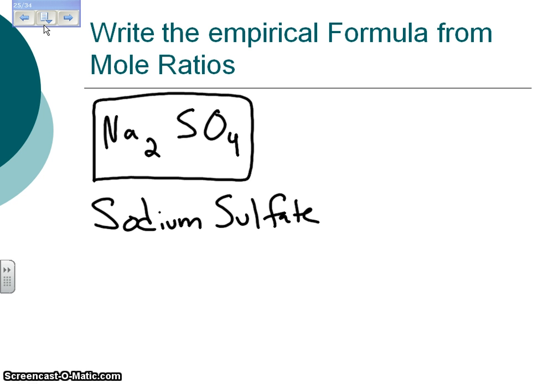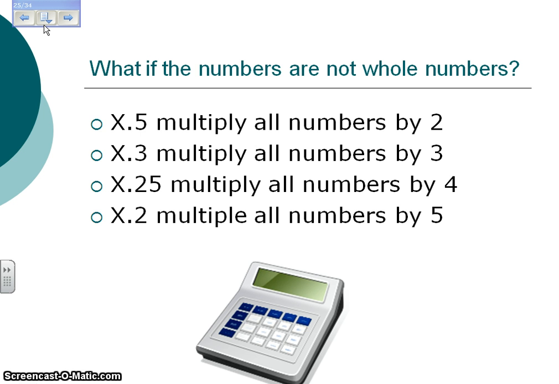Now, what to do if our ratio of moles does not equal a whole number? If the numbers are not whole numbers, what you're going to do is, if it's 0.5, you'll multiply all the numbers by 2. If it's 0.3, you'd multiply all the numbers by 3. 0.25, multiply all the numbers by 4.